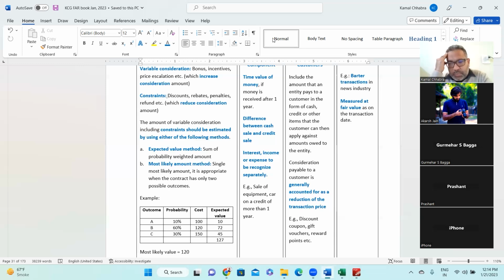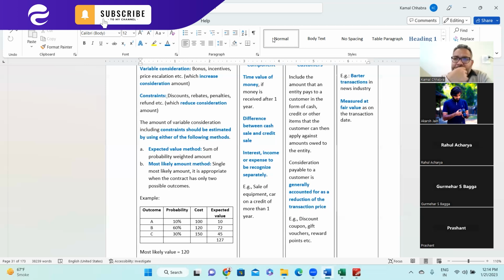That will be based on the probability of how many consumers might be utilizing that discount voucher. Let's assume 10% of the people out of 100 would be availing that benefit.